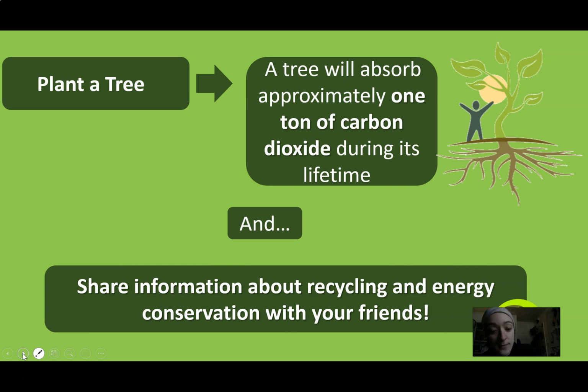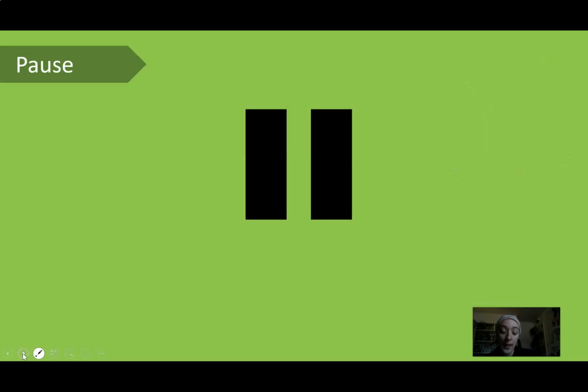And finally, educate. Share information about recycling and conservation. Educate each other, help each other. If you notice your family just leaving lights on or not recycling or driving when they don't need to, be the encourager.